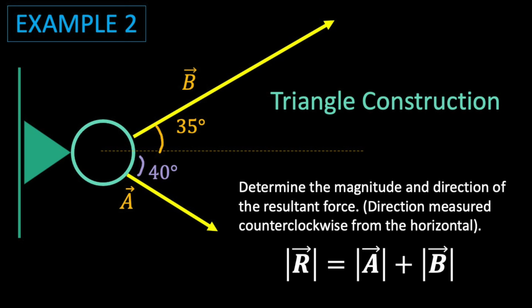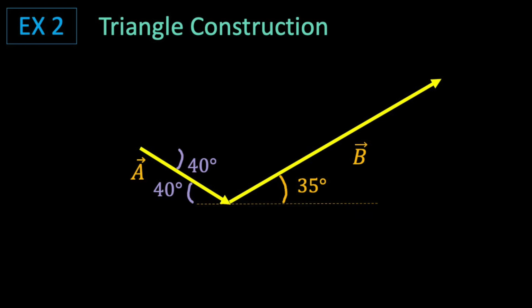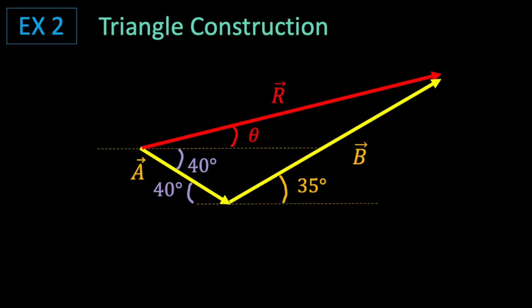This time, in the first step, draw the vectors head to tail. Now our resultant vector goes from the tail of our first vector to the head of our second vector. This looks familiar, right? Using triangle construction gives us the same result as going through all the steps of the parallelogram law. Okay, now let's solve this sucker.